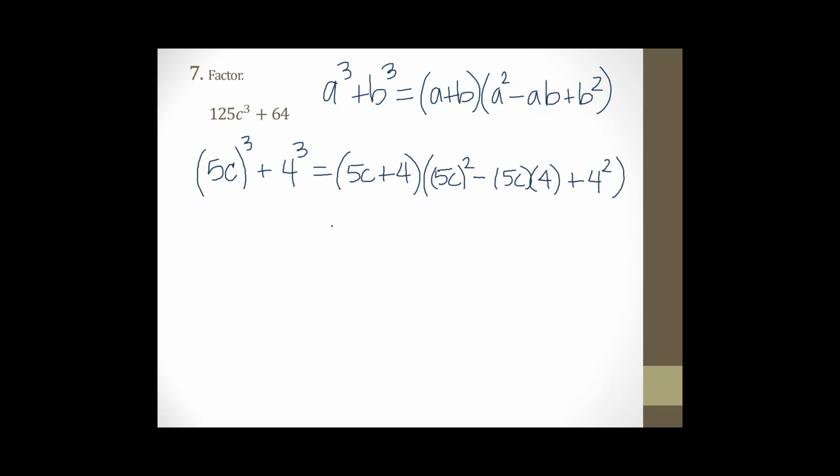So now let's clean this up. We have 5c plus 4 times 25c squared, minus 5c times 4, which would be negative 20c, and then 4 squared is 16.